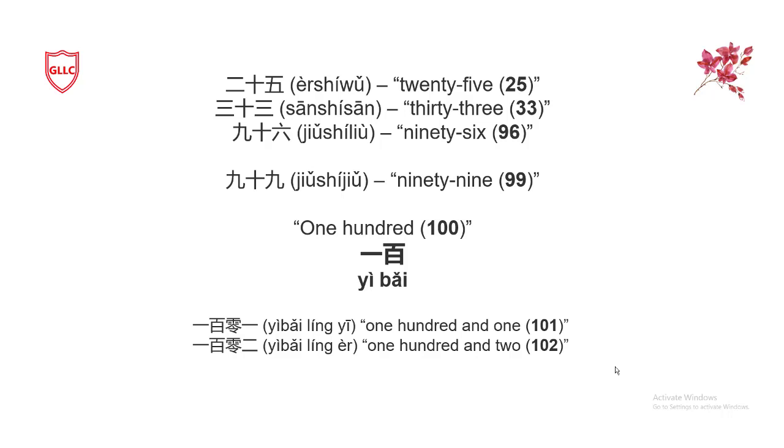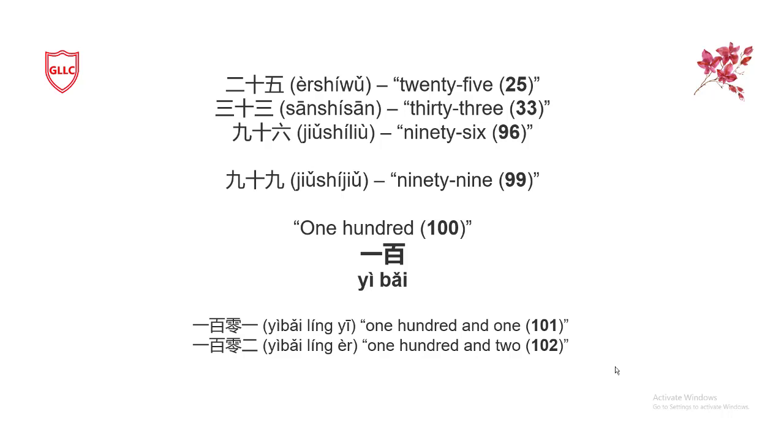99, right? And at the end, the next word is 100. That is called yībǎi. That means 100. Now how do we say 101? Remember, first we pronounce 100, that's yībǎi, and then there will be ling yi. Remember, at the basic level, ling means 0 and yi means 1. yībǎi ling yi, 101: 100, 0 and 1.